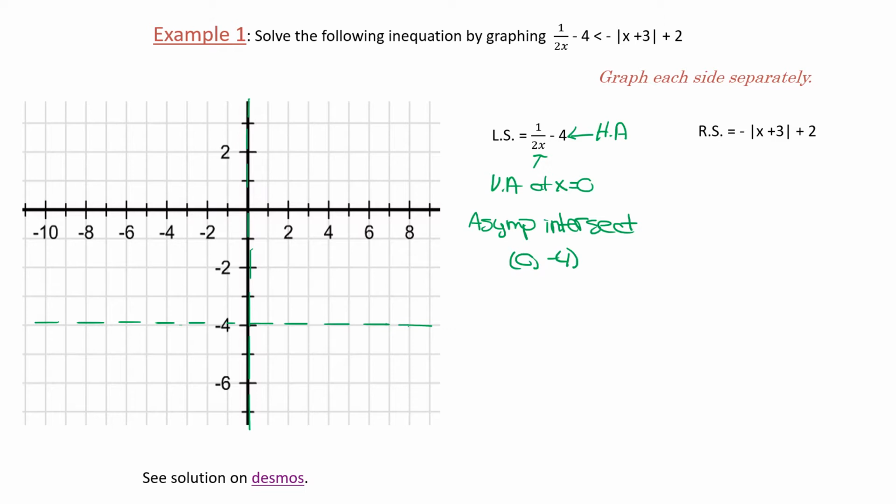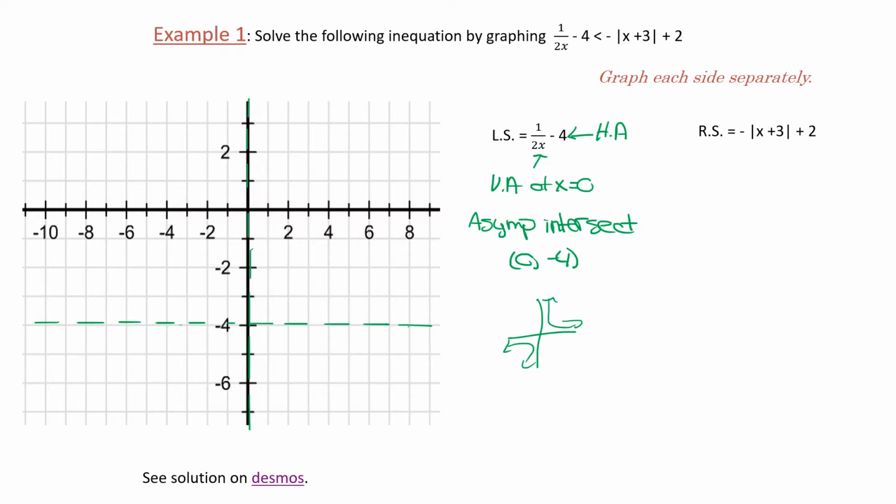So we've got our asymptotes on. Let's just get a few points that are close to the center of the graph. Again, remember the parent graph, y-axis, x-axis. The parent graph looks like this. It's in the same format with the 1 over 2x, which means we're going to have a horizontal compression, and it's dropped down 4. So it's going to be very similar to this graph here.